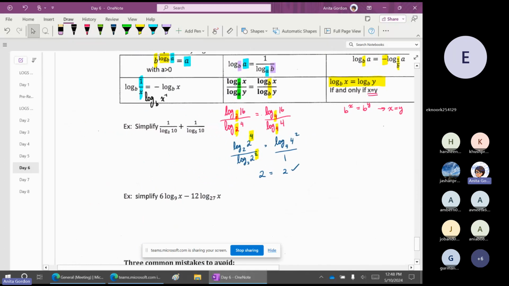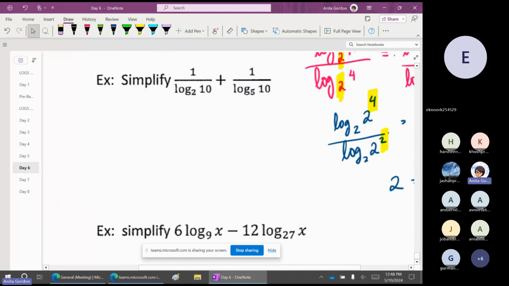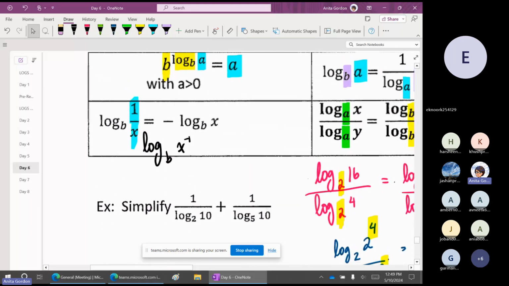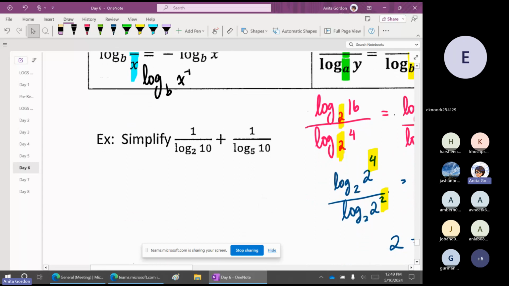Let's do some examples. Last couple. Two left, I think. Yeah, just two. Okay, looking at the new rules that you have here. How could I rewrite this?